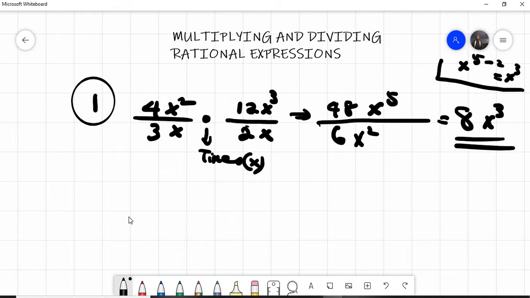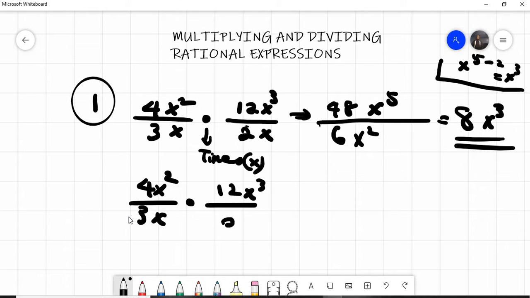The other way is to cancel out before multiplying. So we cross out: 4x squared over 3x, times 12x cubed over 2x.